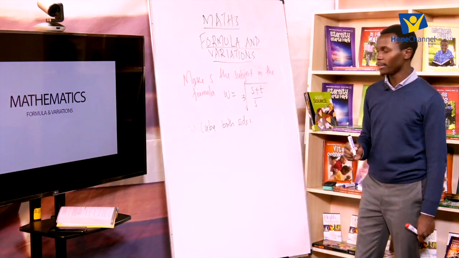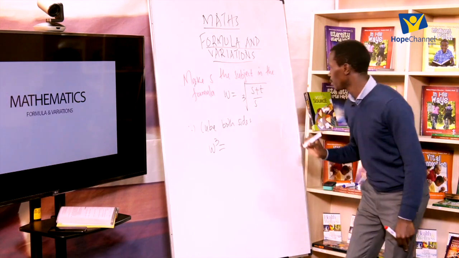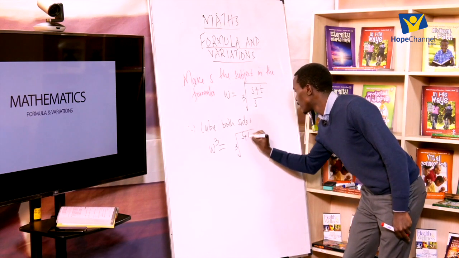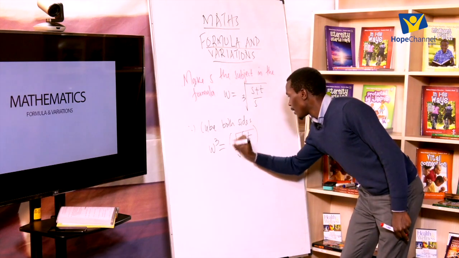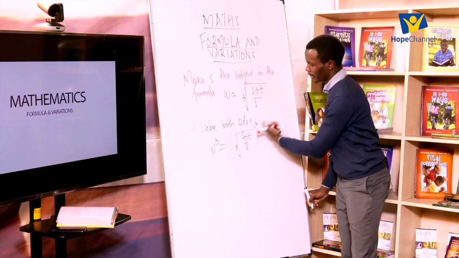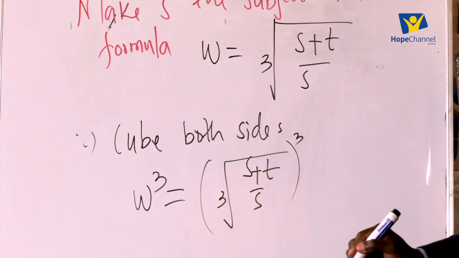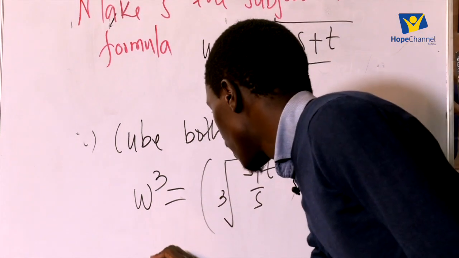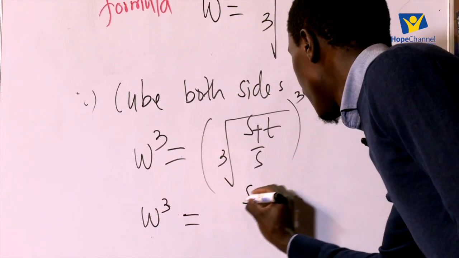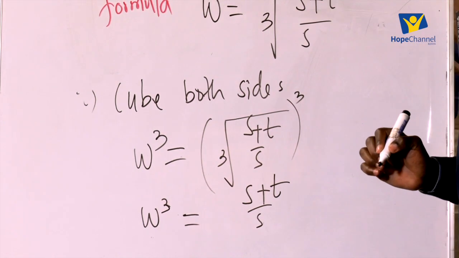Now the cube of w will be w cubed. That one will be equal to, now we have the cube root of s plus t over s, then you cube. Now because you're finding the cube root and then you're raising it to power 3, basically what you're doing is simply removing that cube root sign, and we will have w cubed is equal to s plus t over s.